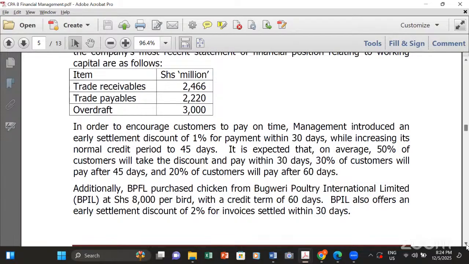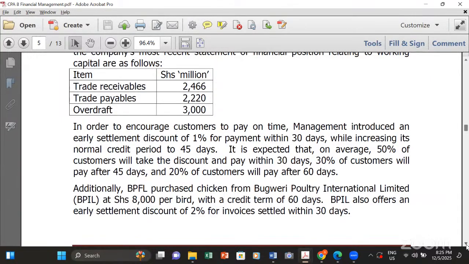It is expected that on average, 50% of customers will take the discount and pay within 30 days, 30% of customers will pay after 45 days, and 20% of customers will pay after 60 days.